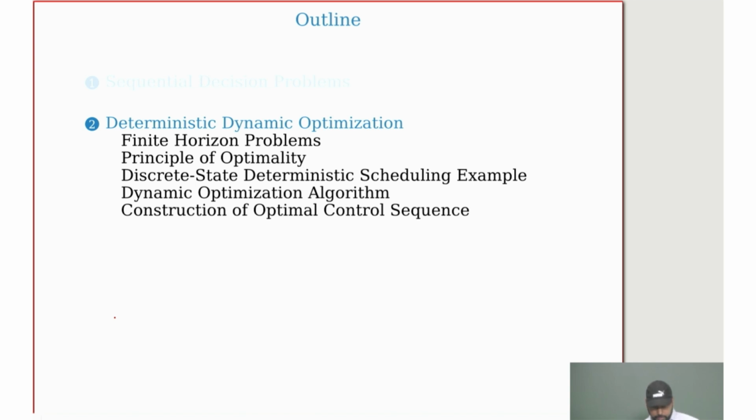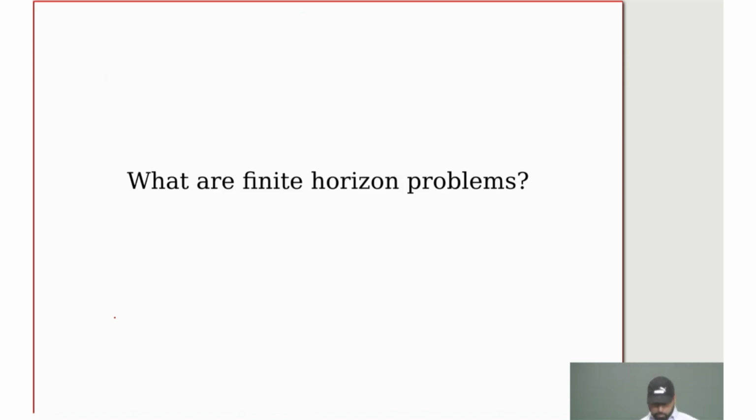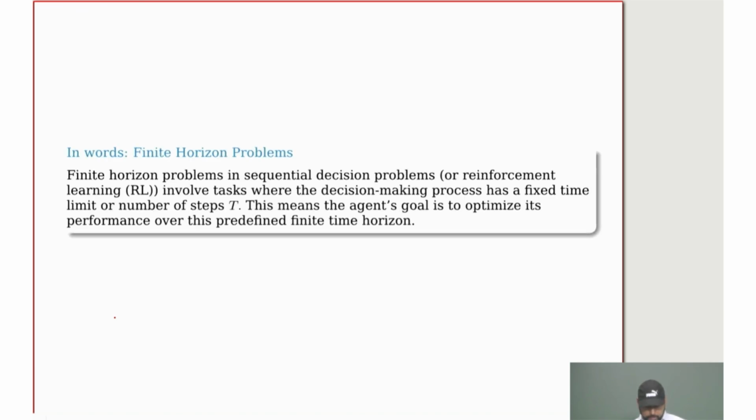So today this is our plan, to formulate finite horizon problems. And so what are finite horizon problems? As the name suggests, it's about some limit, let's say, in time or steps. It depends what we are talking about.